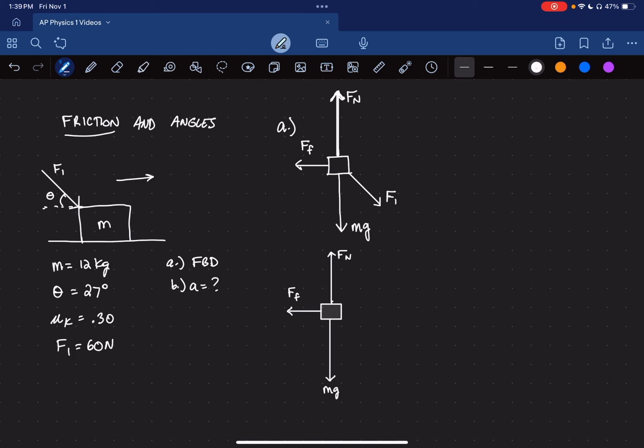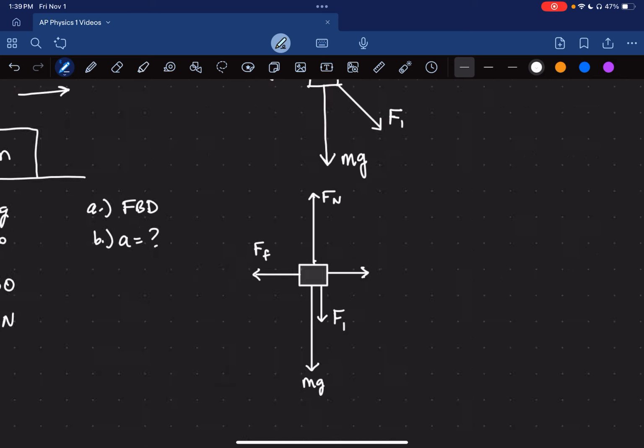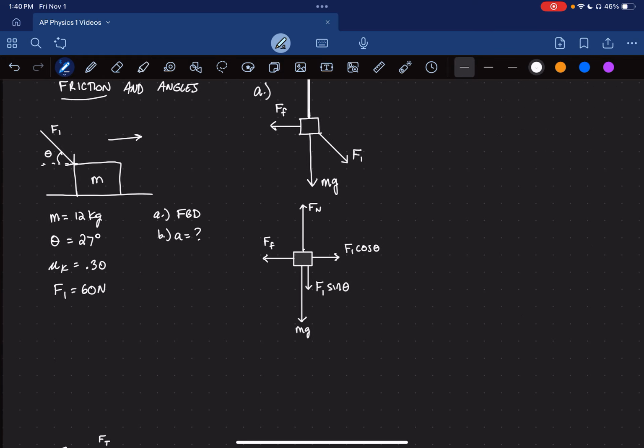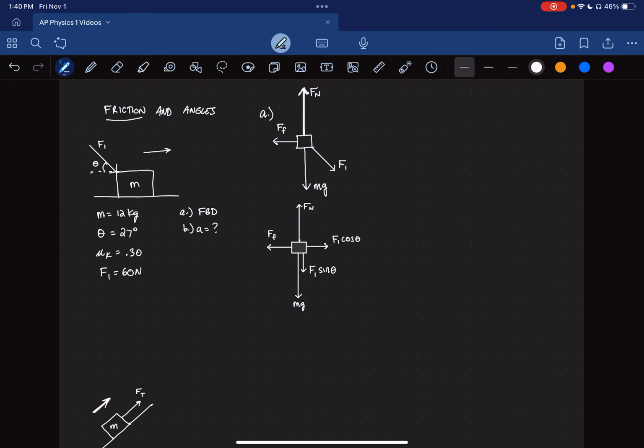And the components of F1, notice how it's going down and to the right, so we have one going down and we have one going to the right. The vertical one is F1 sine theta. And the horizontal one is F1 cosine theta. Cool. The one that's worth credit, of course, is the free body diagram, which is the top one. These are all the real forces that are on the box or block. But this one we will use.